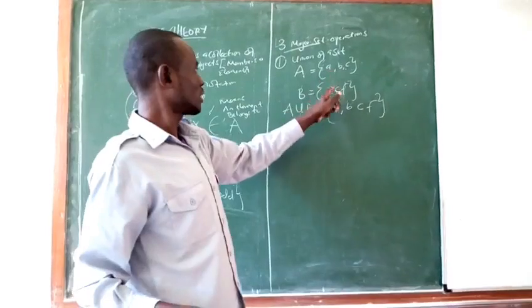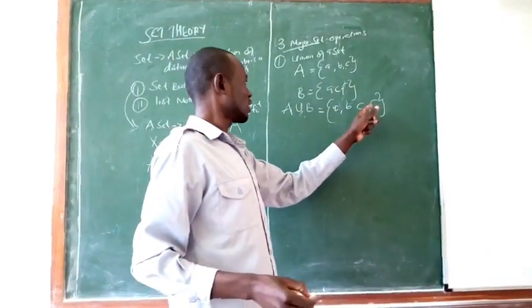You can repeat A and A, so we write A, B, C, and F.